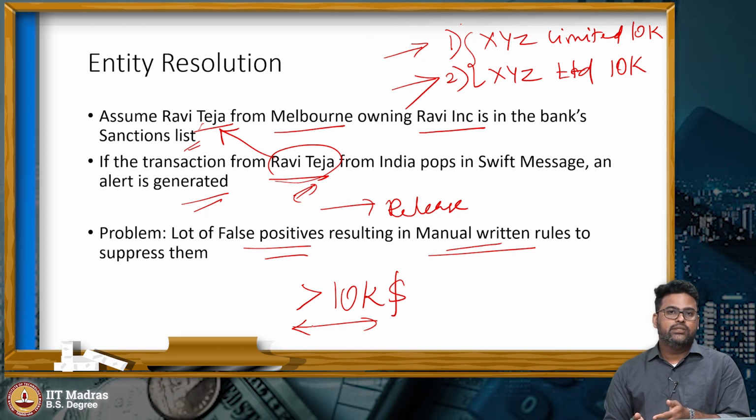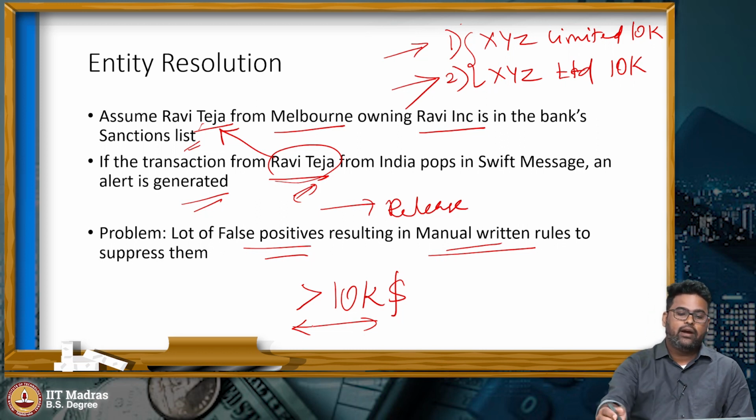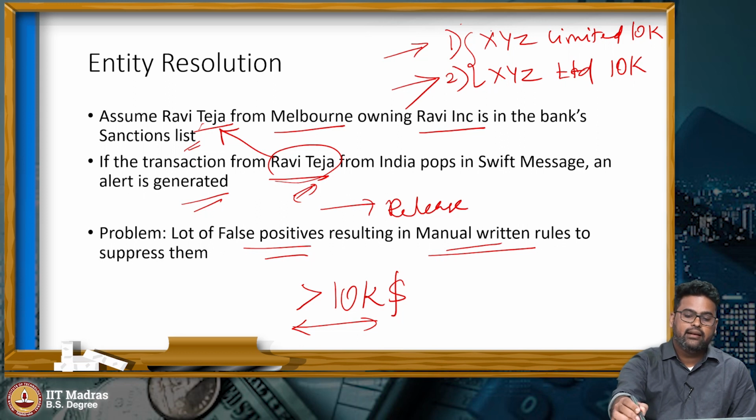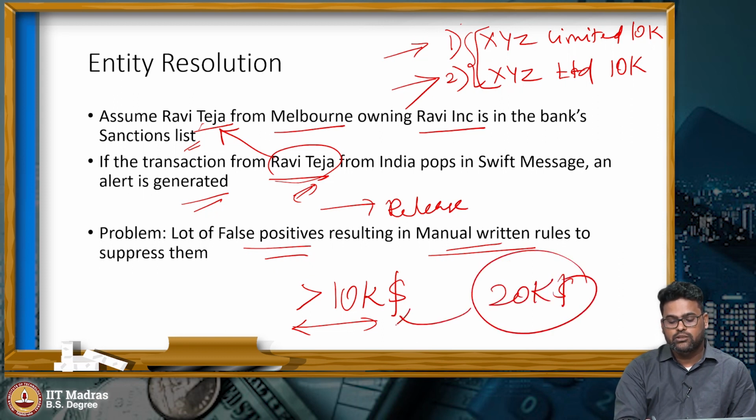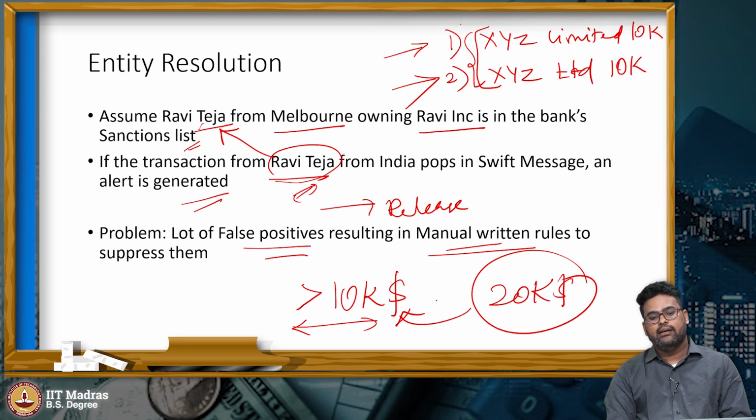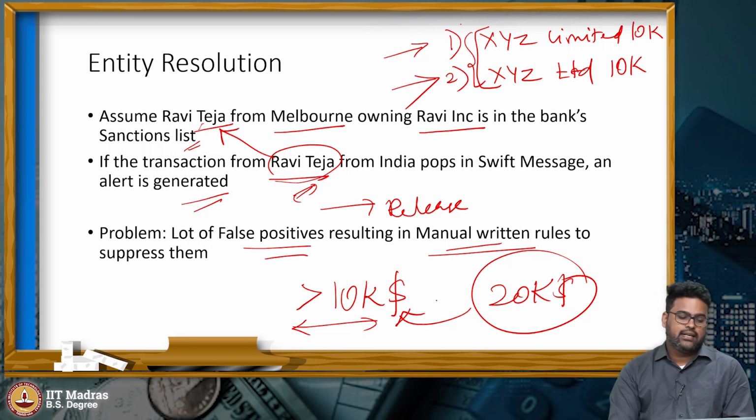So using entity resolution, we can identify these two together and say that they are the same entity. Then when we do a group by, the transaction amount totals to 20K, which breaches the threshold set in place. Basically, that suspicious pattern is identified, and it gets investigated. So that's how entity resolution comes into place.